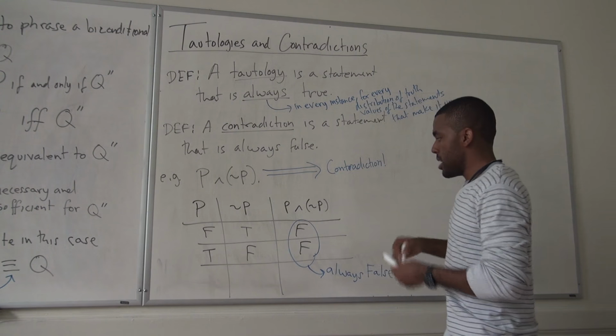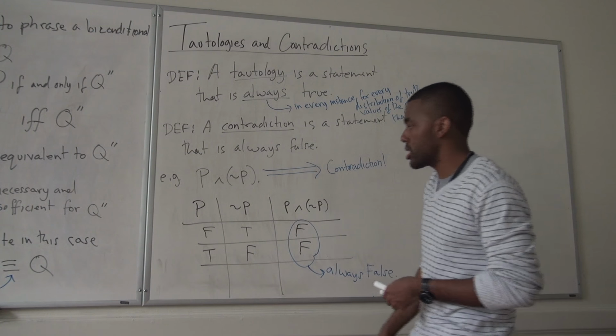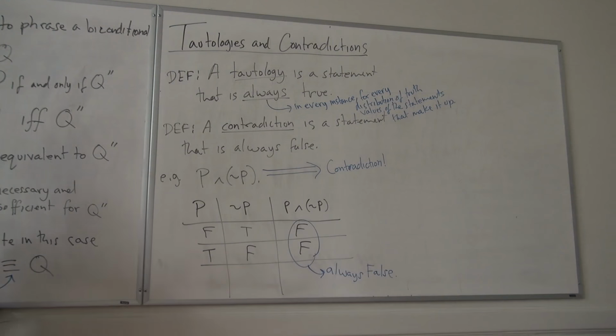So you have a statement, and no matter what the truth values of the pieces are, you always get something false. You call it a contradiction. If you always get something true, you call it a tautology.